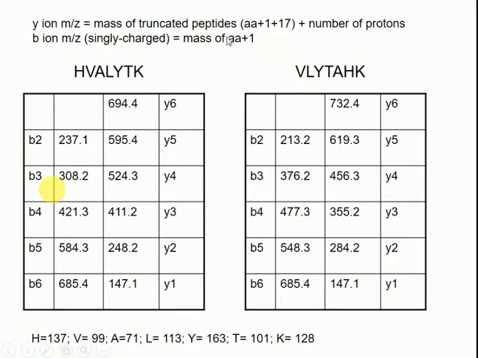So the B2 fragment, which is cleavage between the second and third amino acid residues, you can see that you get different masses and so on. So you would be able to tell these two apart if you did the sequence tagging experiment. Does that make sense? Yes? Okay.